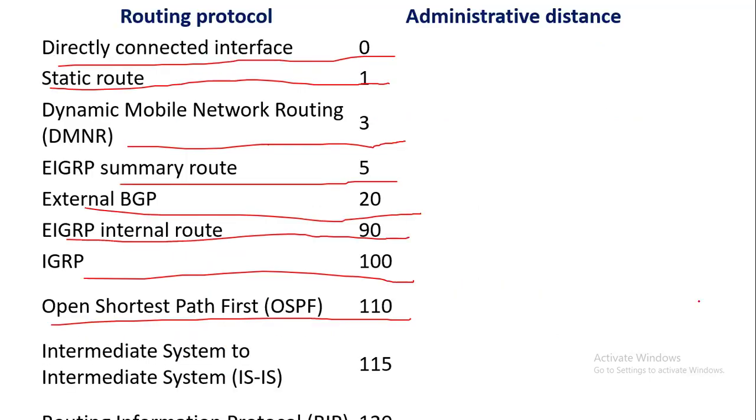And IS-IS is 115. Every routing protocol has a different AD value because they define the path differently for network efficiency, network latency, or network performance. So that is the different things that come under the administrative distance.